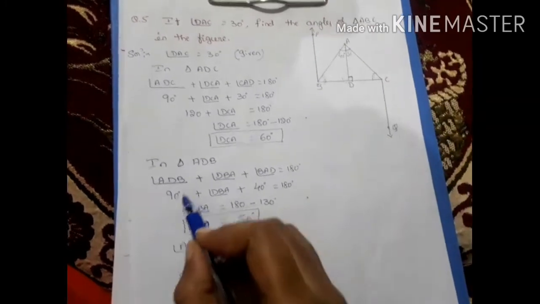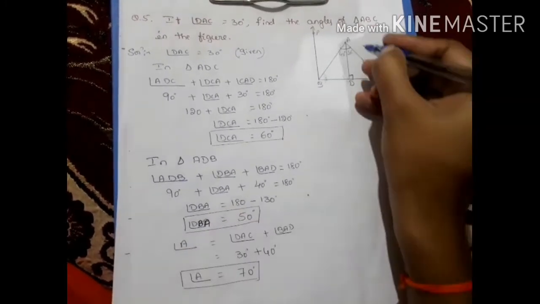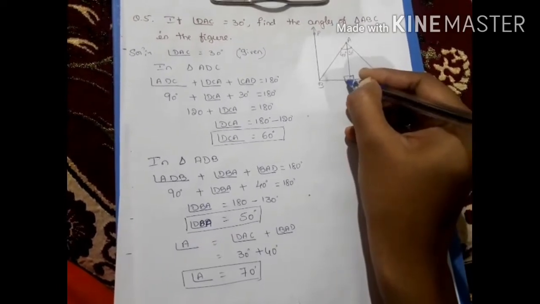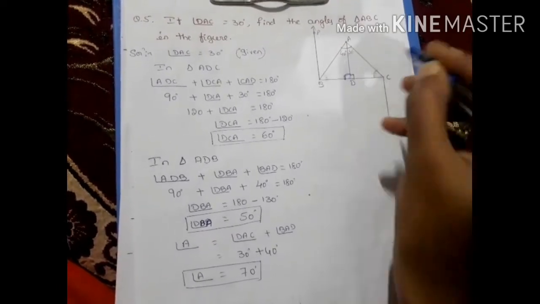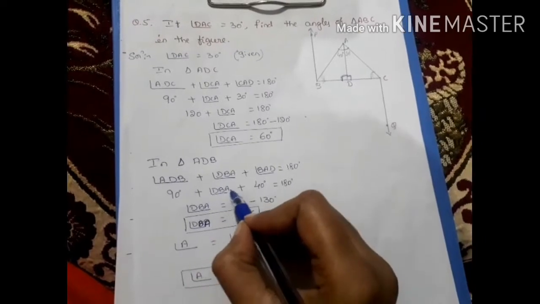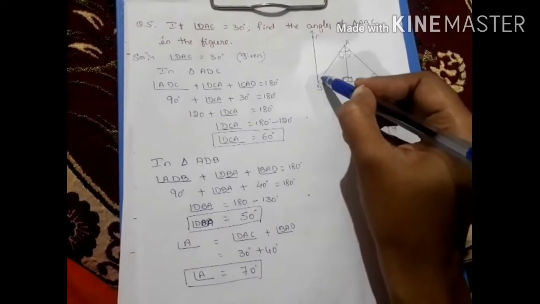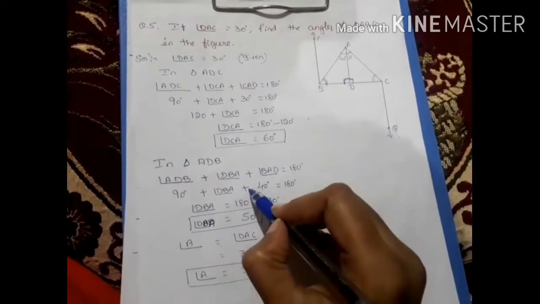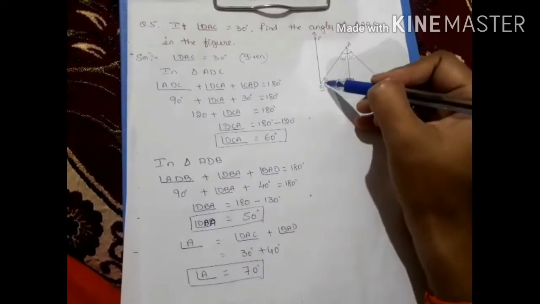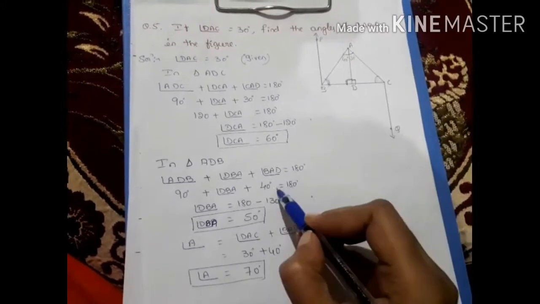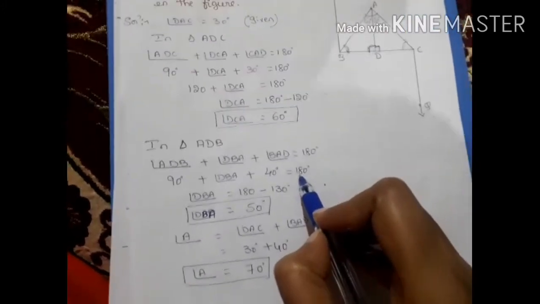Okay. Angle ADB, this angle we already know it is 90 degrees. Plus angle DBA, this you have to find, so keep as it is. Plus angle BAD, this angle is given as 40 degrees. So write down, which is equal to 180 degrees.